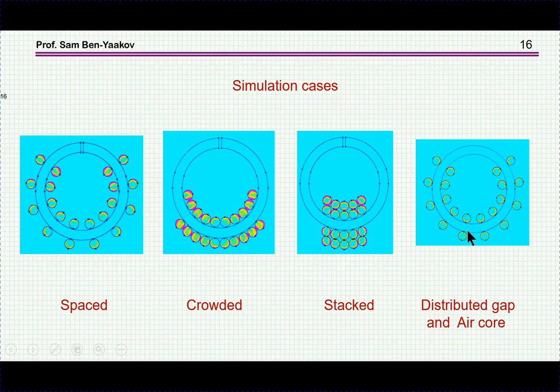One has a high permeability, like a ferrite, and this one represents a distributed gap core, an iron powder core with a much lower mu, and we'll talk about it in a minute. We have also done a simulation of an air core, that is, relative permeability equal to 1.